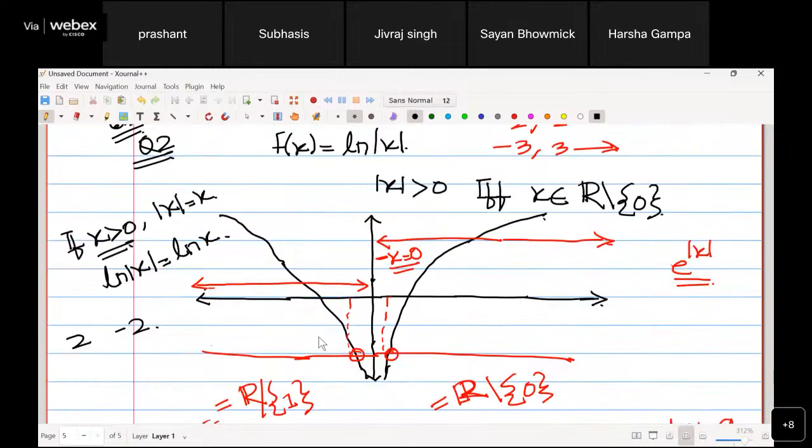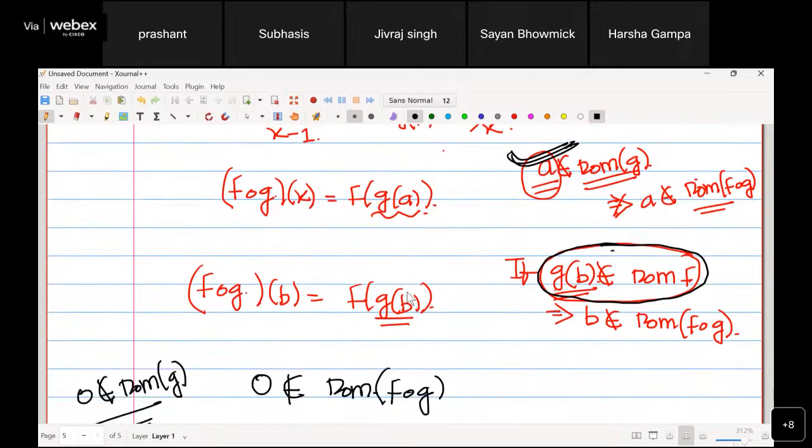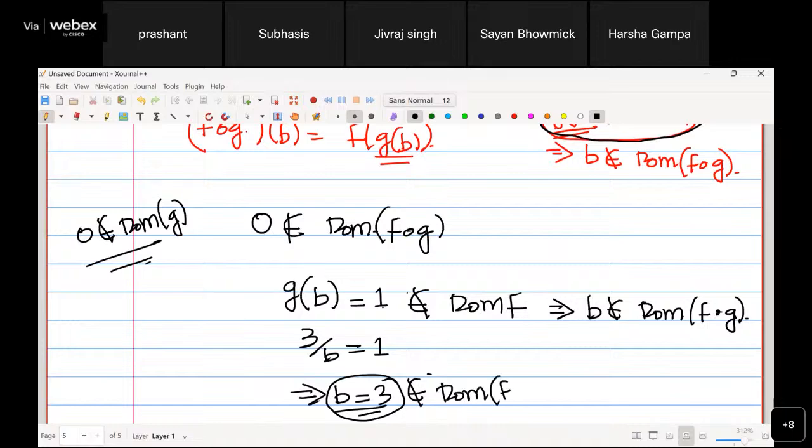If g of b is 1, that means 3 by b is 1, so b will be 3. So b equal to 3 can't be in the domain of f compose g.